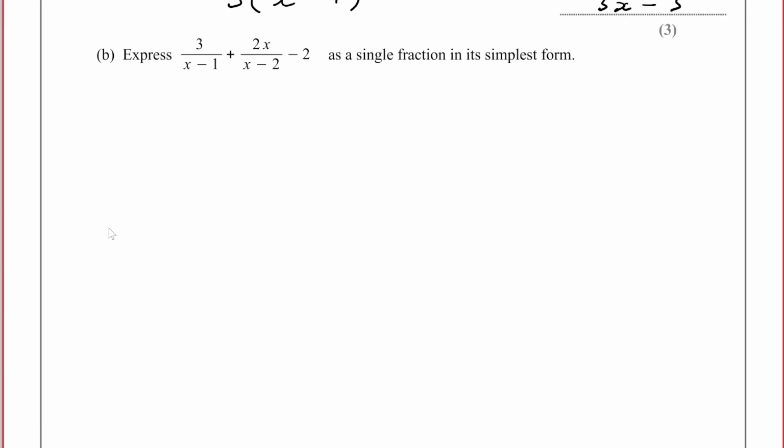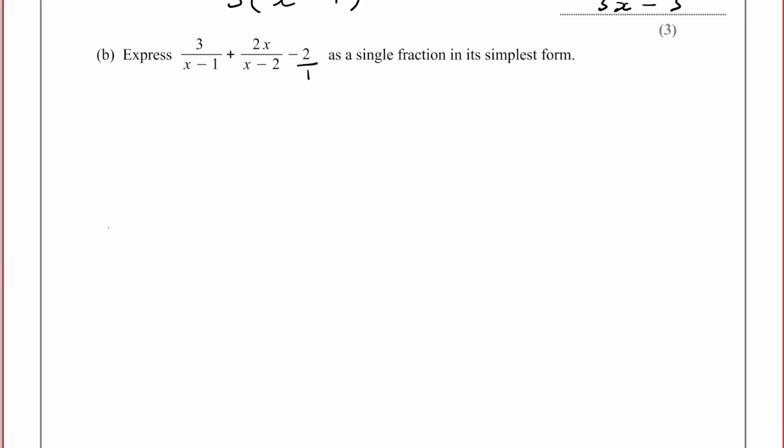Part B. Express 3 over (x minus 1) plus 2x over (x minus 2) minus 2 as a single fraction in its simplest form. Whenever we want to add or take away fractions, we need to make the denominators the same. So we're going to make all of the denominators (x minus 1) times (x minus 2).